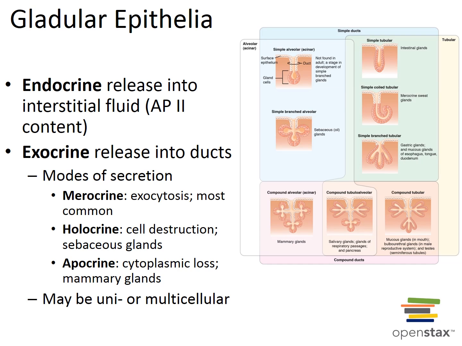Now, glands may also be unicellular or multicellular. Multicellular exocrine glands are composed of a duct and a secretory unit. The duct type can be simple or compound, and they can have different types of structures of their secretory units, like tubular, alveolar, or tubulo-alveolar.